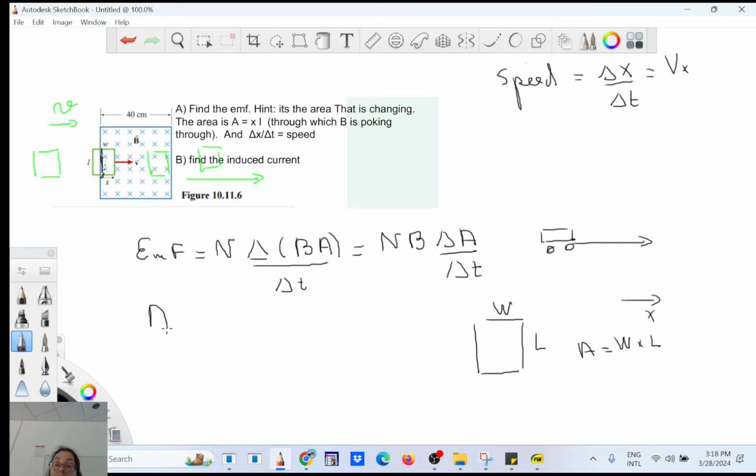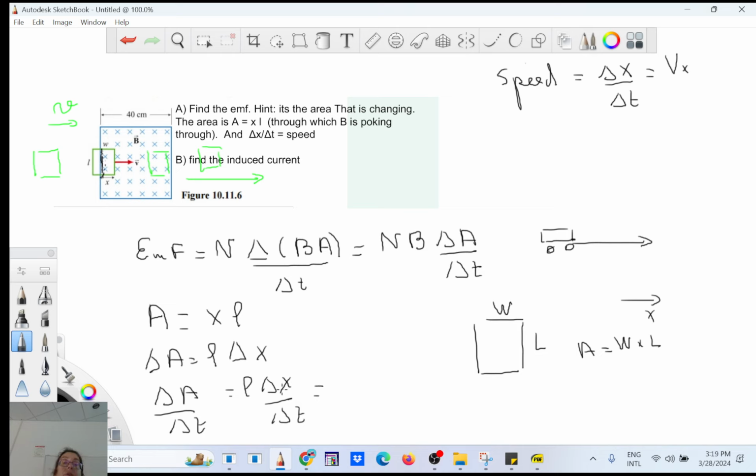So what's going to be the area? The area will be width times length. But the width here will be only the area exactly, that's going to be x times the length, which is L. So the change in area will be equal to L delta x. So delta A over delta t will be L delta x over delta t.